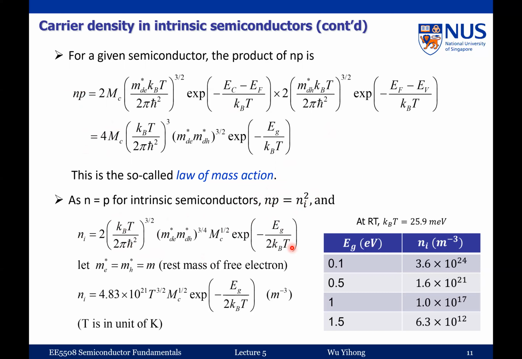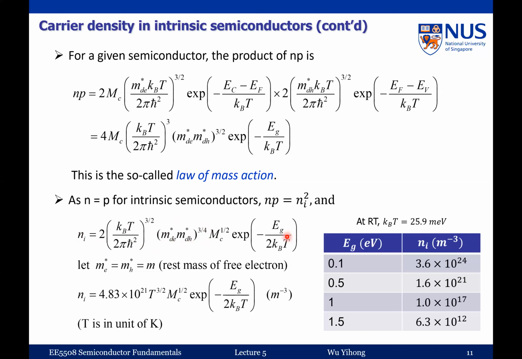Here's the temperature. Kb is the Boltzmann constant, and h is the Planck constant. Of course, once the semiconductor is chosen, MdE, MdH, and MC are all constants. So eventually this intrinsic carrier concentration is just a function of temperature.